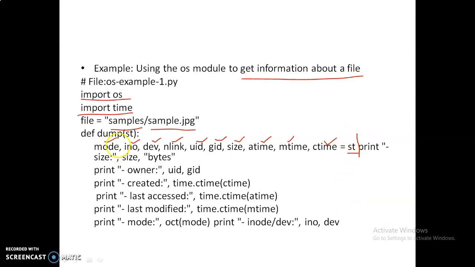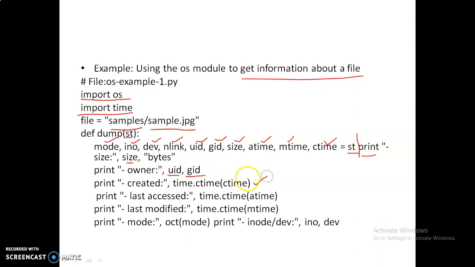From this st variable, it gives the status of the file, so from that we can get all this information. Then we can use the print statement to print all this information. Print size of the file using the size variable, UID and GID to get the owner of the file, that is the user which created the file.